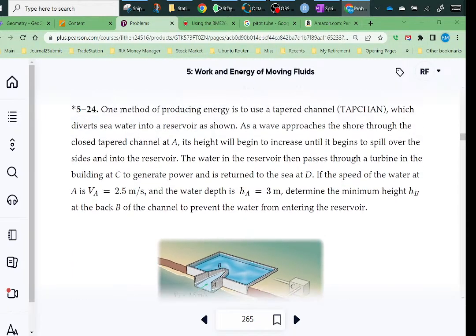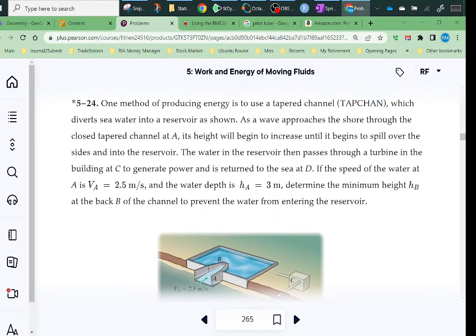Oh, and this is interesting too. A way of producing energy, you can see people do this, is a tapered channel which diverts seawater into a reservoir. So the wave comes in. As the wave approaches the shore, it's closed through the tapered channel at A. The height will begin to increase until it spills over into the side of the reservoir.